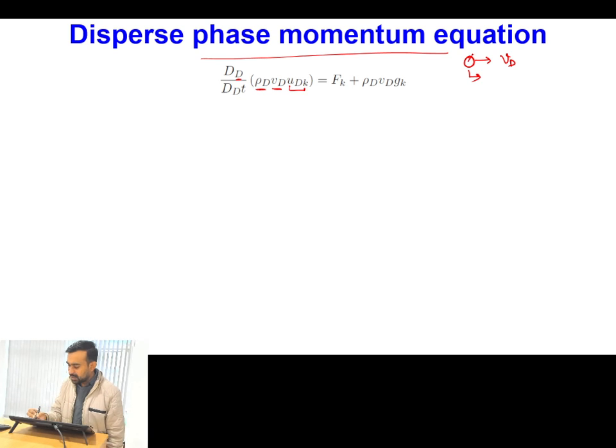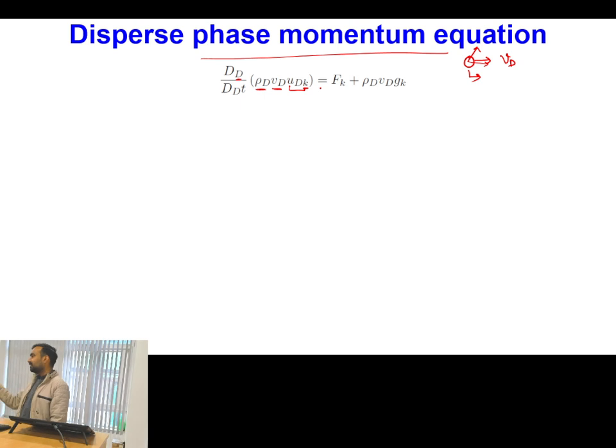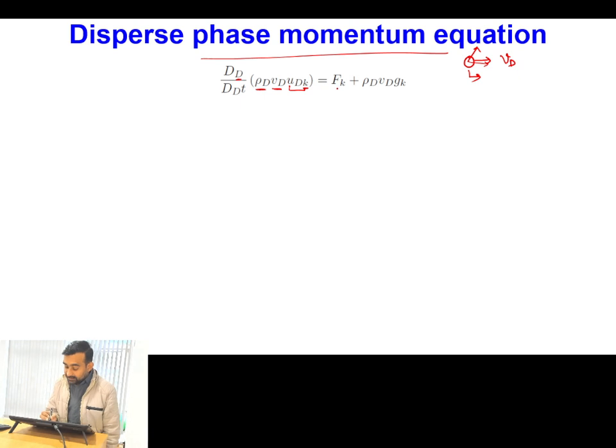And of course, this particle can have velocity randomly in any direction. So for the direction along which we are trying to write its momentum equation, I have to take the component of the velocity in that direction. That's why I use subscript k with the velocity, representing the kth direction velocity of the particular particle. And Fk is the interaction force on the particle in the kth direction.